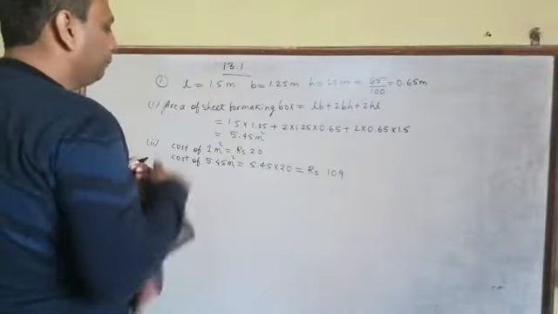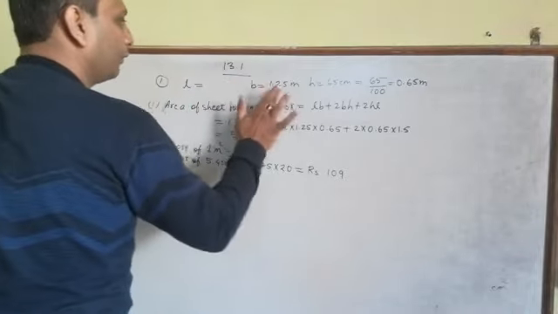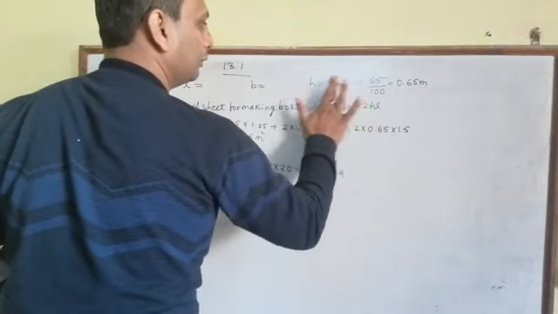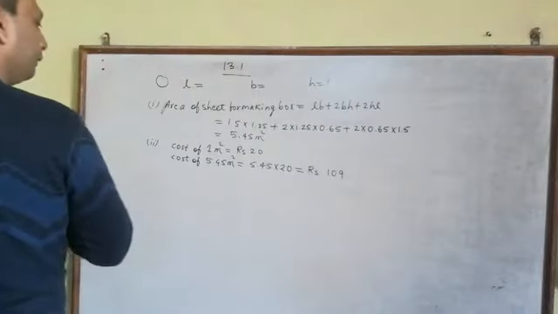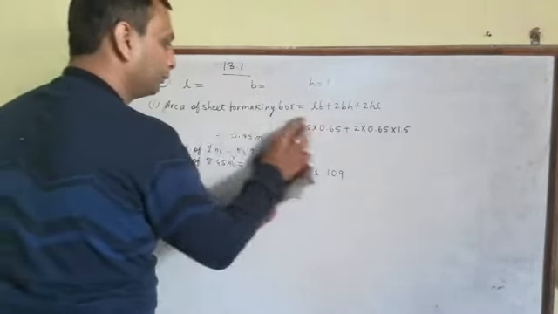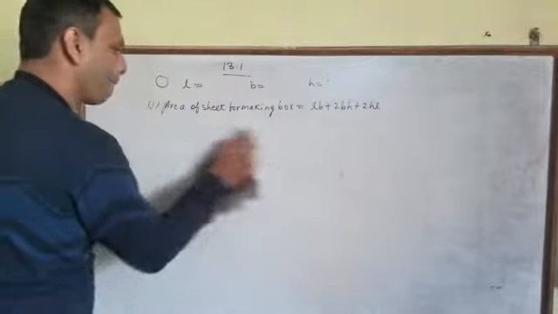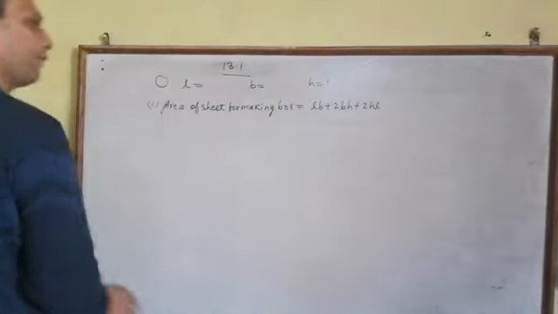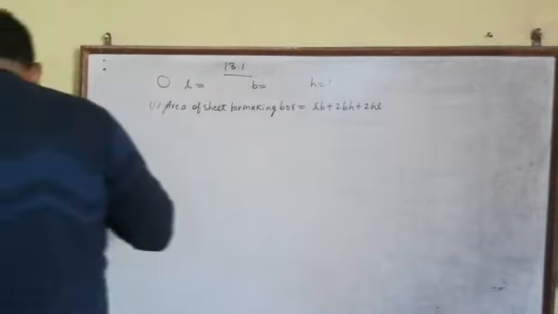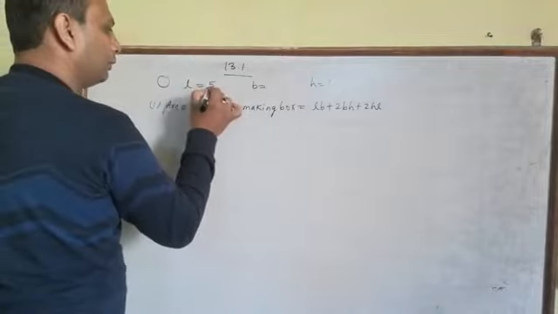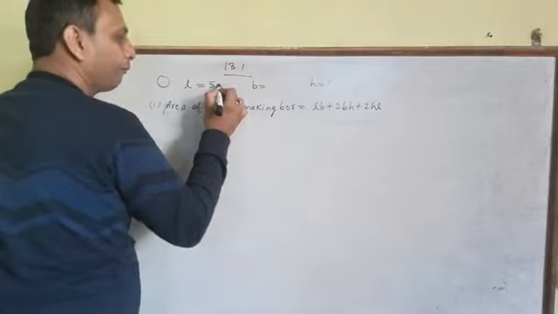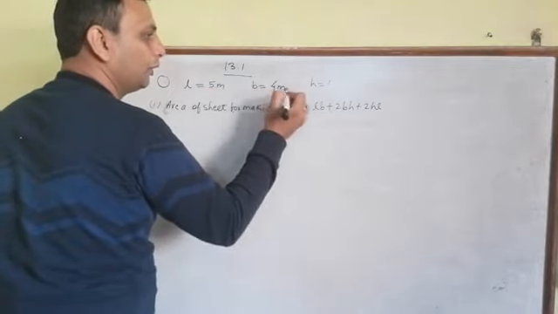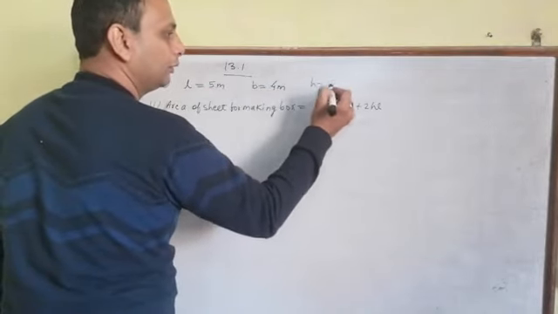So I am changing here only. Now this is question number two. Length is 5 meter; length, breadth and height are given in the question as 5, 4 and 3.